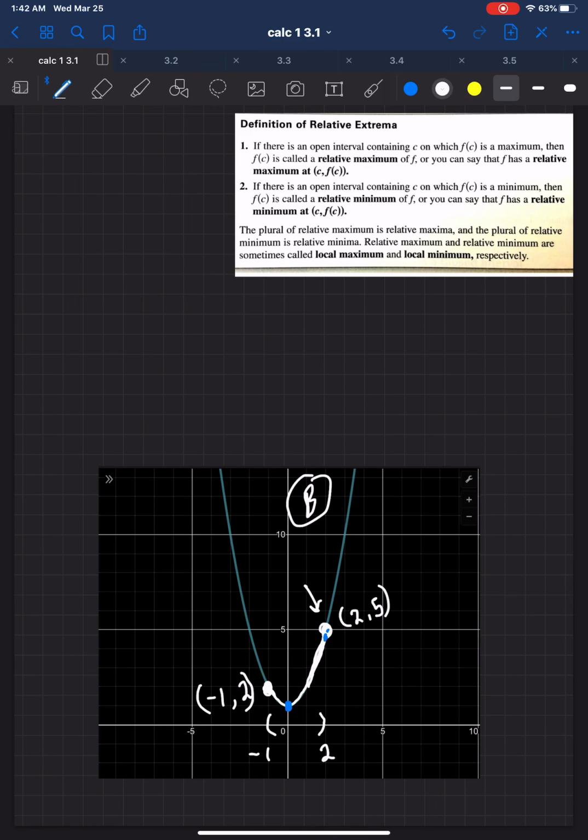In other words, there's a difference between me asking you, what was the most money you ever made in your life? If you were plotting money here and age here, that would be asking for a Y value. If I asked, at what age were you making the most money you ever made in your life? That would be an X value.